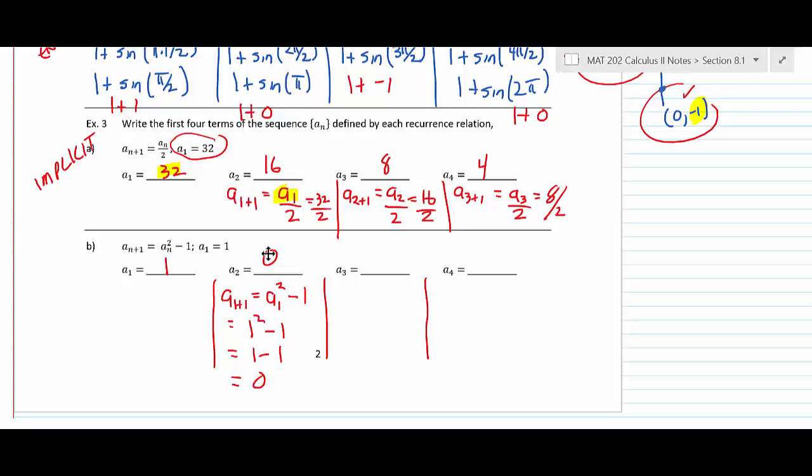So next thing you do is you go to a sub 2 plus 1 and then a sub 3 plus 1. Okay, you just do to the previous term, square it and subtract 1. That's what you're really doing. Now you can do this in your head.